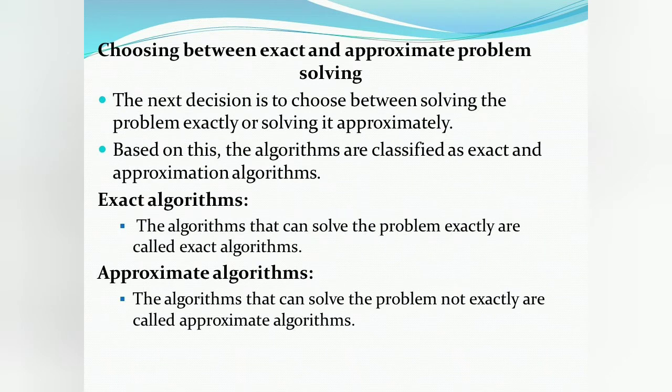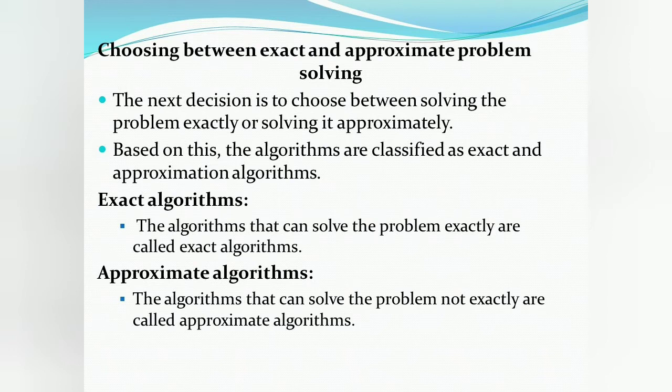The next technique is exact or approximate solution. Choosing between exact and approximate problem solving is one of the techniques for getting solutions for the problem. Once an algorithm is devised, it is necessary to show that it computes the answer for all the possible inputs.